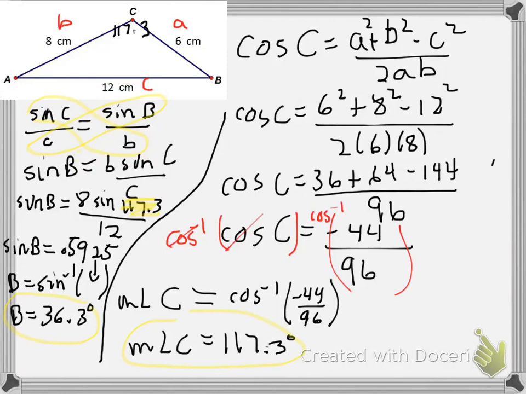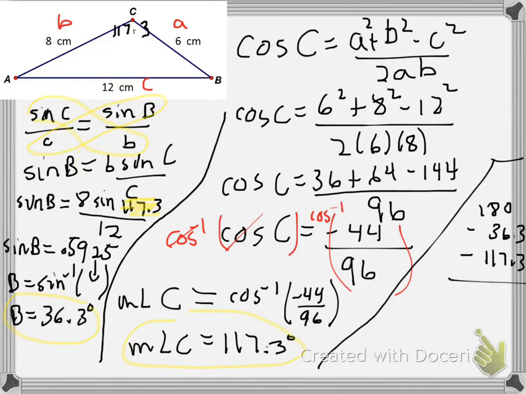I should be able to finish off the problem here with the 180 rule. So 180 degrees minus 36.3 minus 117.3, and I get this final answer.